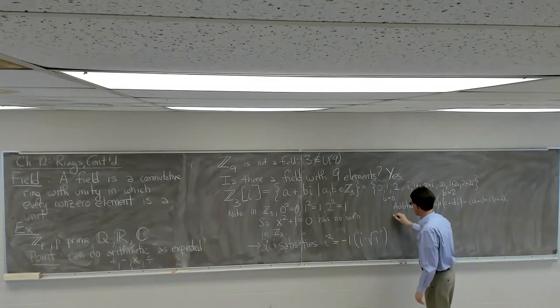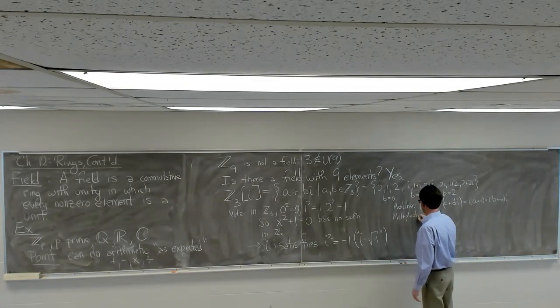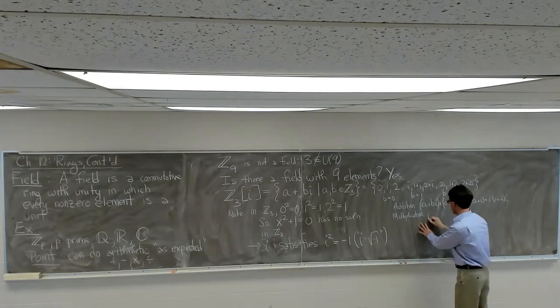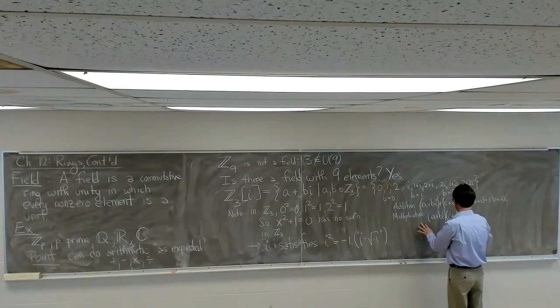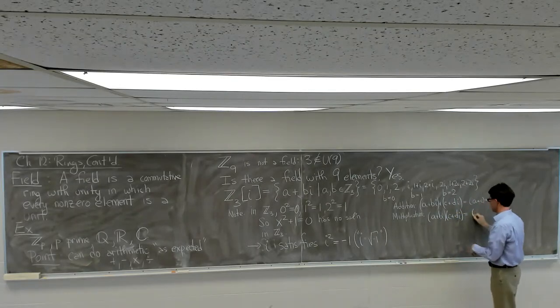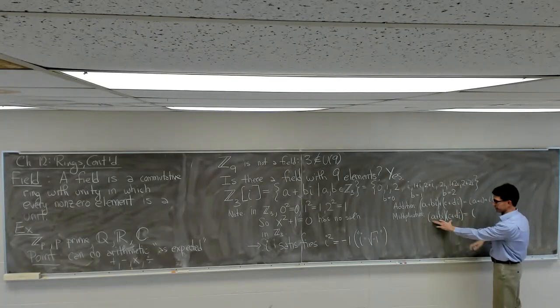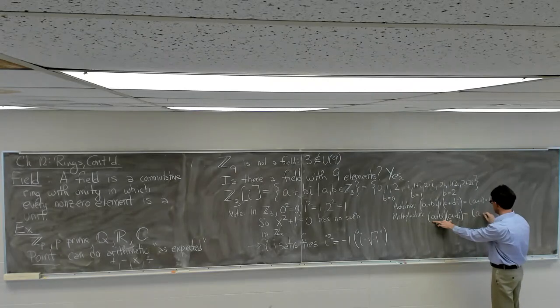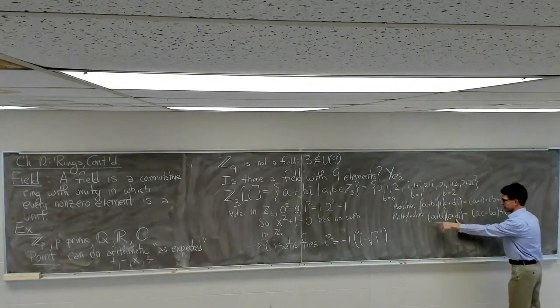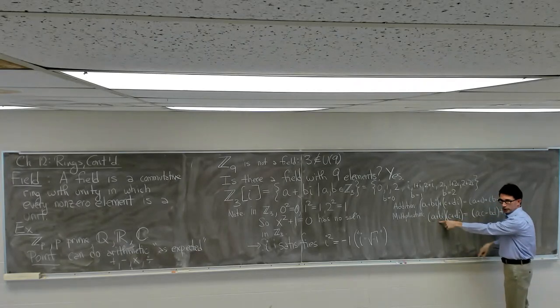And then the multiplication here, a plus bi times c plus di, is given by the same rule. So we take for the real part ac minus bd, and then for the imaginary part ad plus bc.